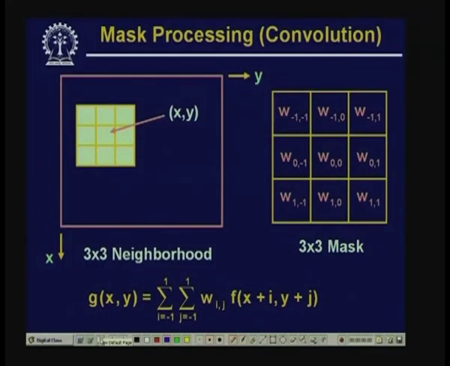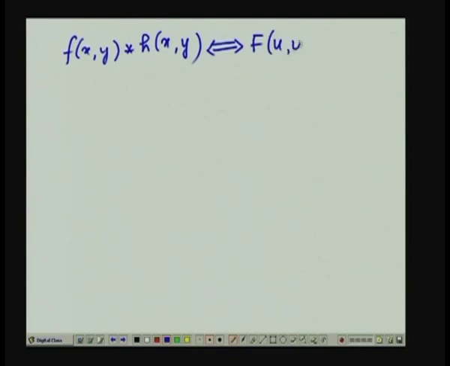So, if we have a convolution of 2 functions f(x,y) and h(x,y) in the spatial domain, the corresponding operation in the frequency domain is multiplication of F(u,v) and H(u,v), where F(u,v) is the Fourier transform of the spatial domain function f(x,y) and H(u,v) is the Fourier transform of the spatial domain function h(x,y).